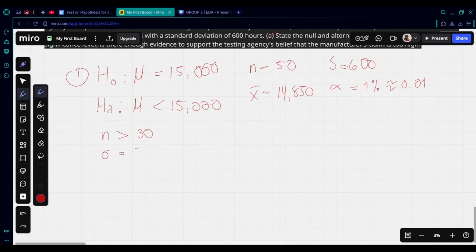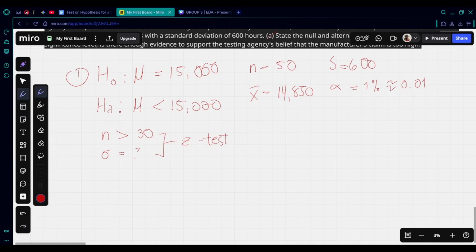So in this condition, we will use z-test, since we have our n greater than 30 and the variance is unknown. So we already determined the statistical test that we will use.